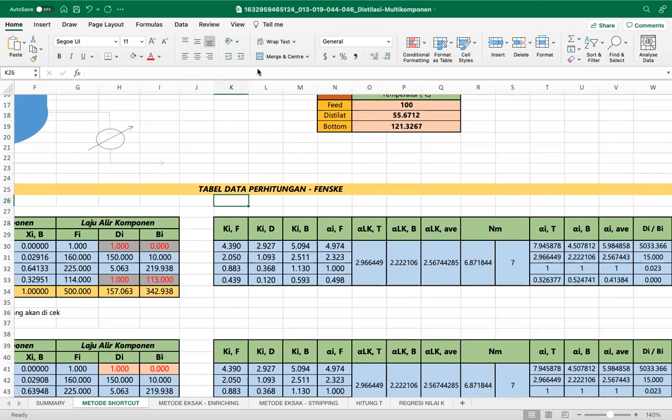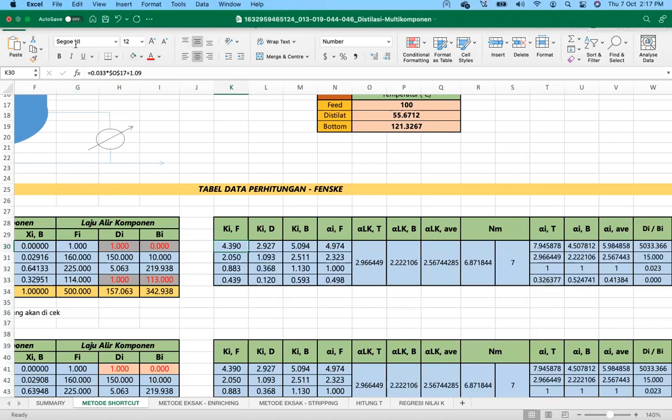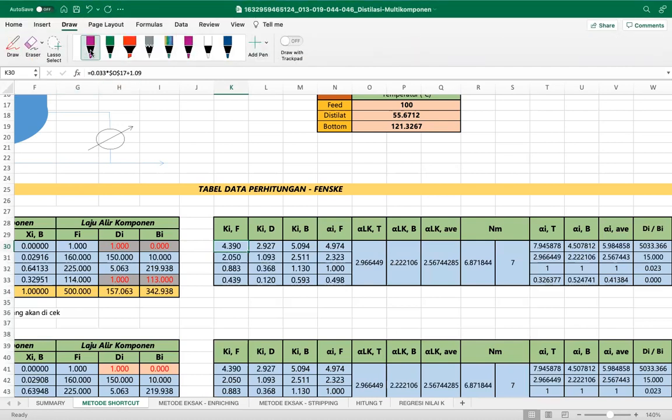I think, if I'm not mistaken, K is related to thermodynamic data, Miss. Yeah, that's very correct. So K is actually y divided by x. So instead of using a graph, we use thermodynamic data. Why do we have to find K?